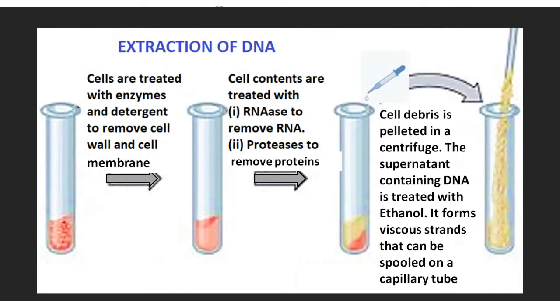Then we add the chilled ethanol. Chilled ethanol causes it to precipitate, and this is now spooled out on a capillary tube. Now this DNA is suspended in a suitable buffer, and then further steps are carried out.